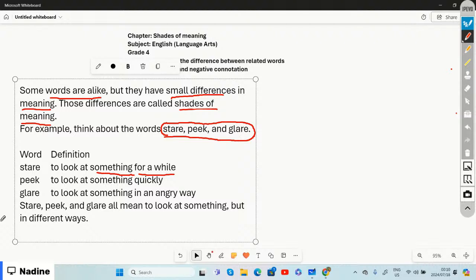All right. So that is stare. Like I said, it is where you are looking at something without saying anything. You are just staring at that thing or at the person, right?